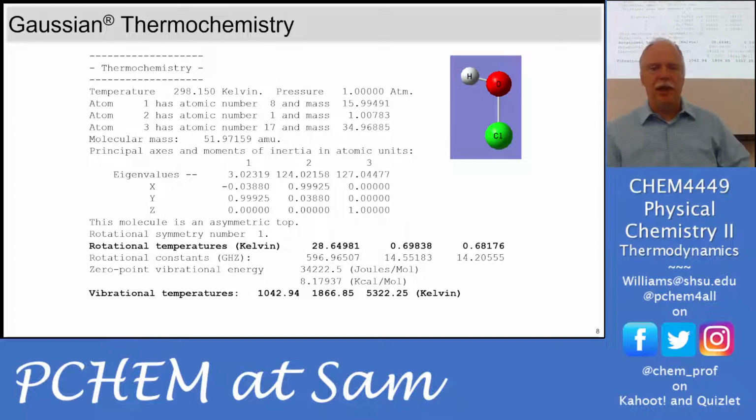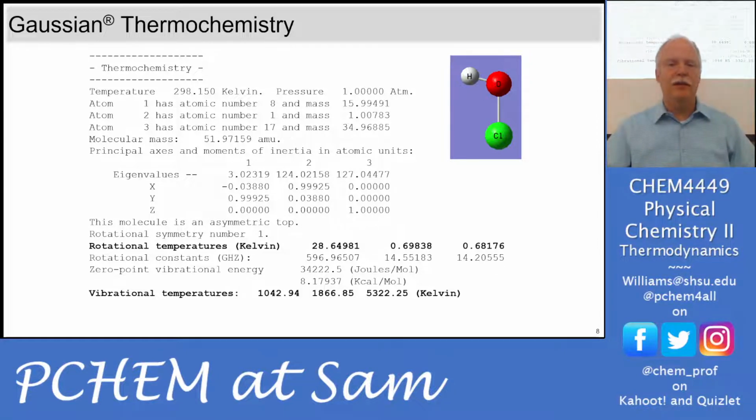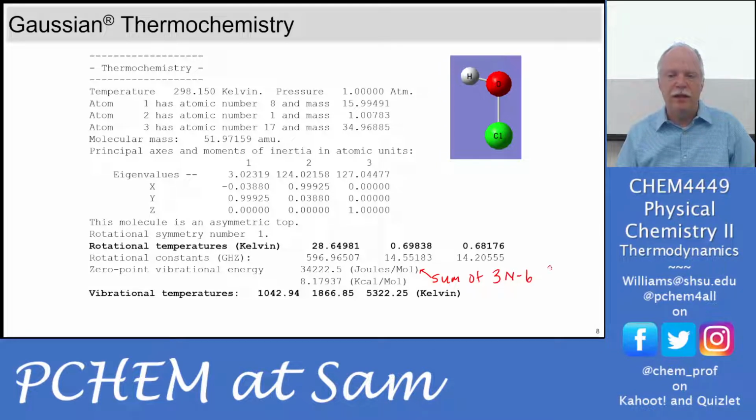So let's look at some of the Gaussian output. Here's our molecule, our asymmetric top, and here are the rotational temperatures. So this is kind of picking up where we were in the last lecture. We had these different rotational temperatures, rotational constants. Here's the 0-point vibrational energy. So that is the sum of 3n minus 6 frequency over 2 terms.